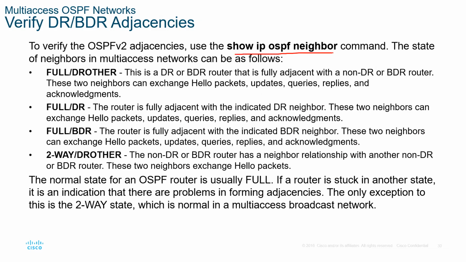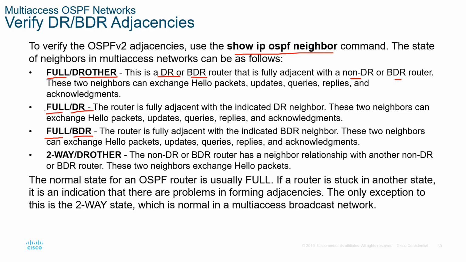The state of neighbors in multi-access networks are shown as either FULL/DROTHER, FULL/DR, or FULL/BDR. If it is FULL/DROTHER, it means that this is a DR or BDR router that is fully adjacent with a non-DR or non-BDR router. So these two neighbors can exchange hello packets, update queries, and replies.